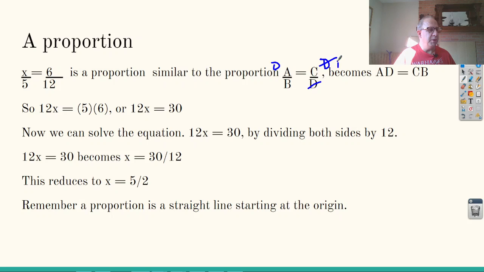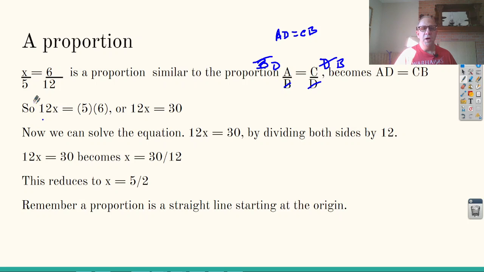If I multiply by C, I have to do it on both sides. It stays equal. That cancels out. So I end up with A times D over here and C times B over here, right? So that works in equations as well.